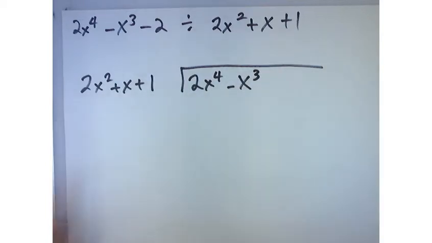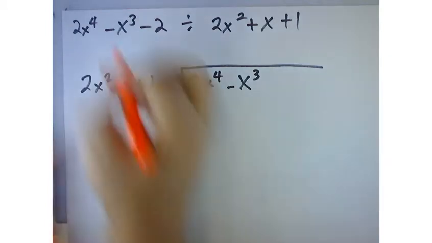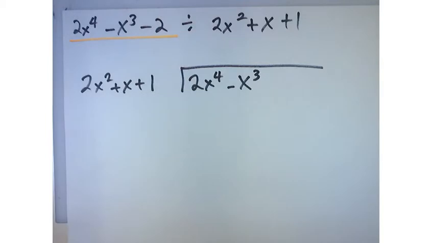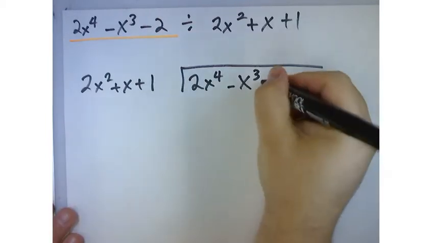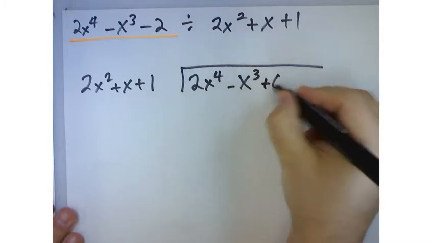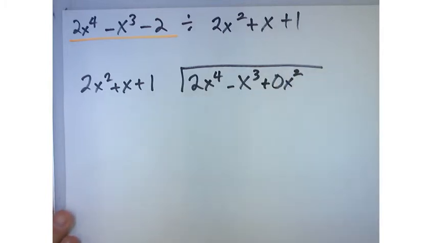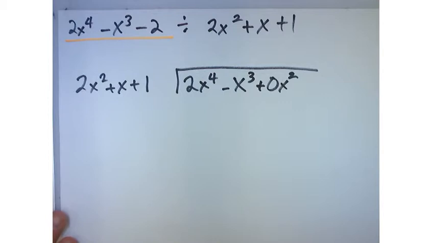Now here's a little trick I want to show you guys. When you look at this term, how many x squareds do you see? 0. So I'm going to say plus 0 times x squared. How many x's do you see? 0.